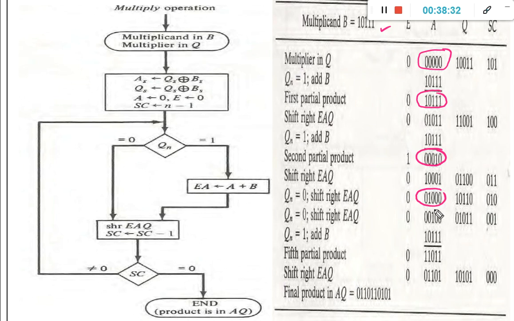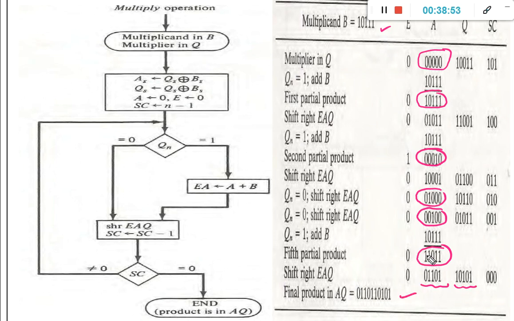In the fourth partial product it will be changed to 0 0 1 0 0, and in the fifth partial product it will be changed to 1 1 0 1 1. And by combining this A value and Q value, we are going to get the final product.